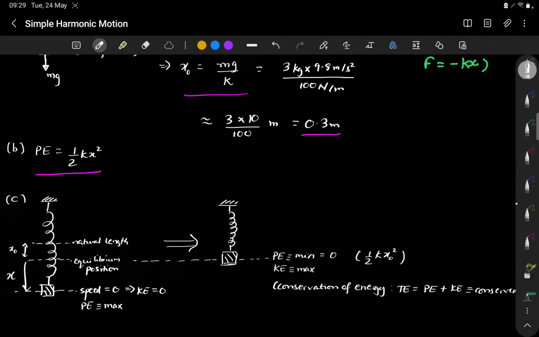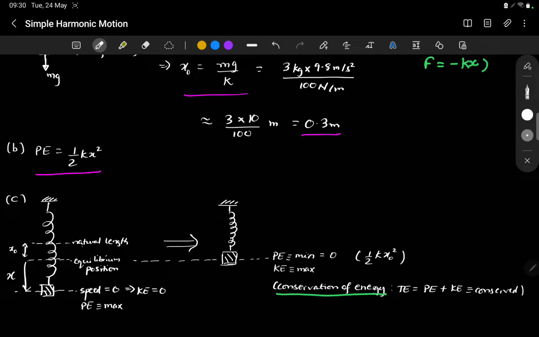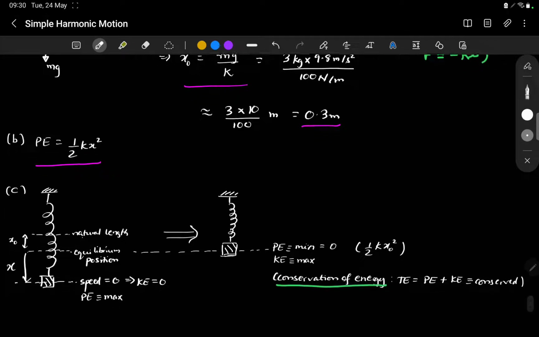So that means the speed when the block passes through the equilibrium position is going to be its maximum speed.